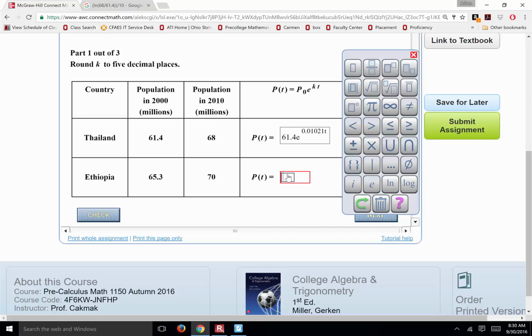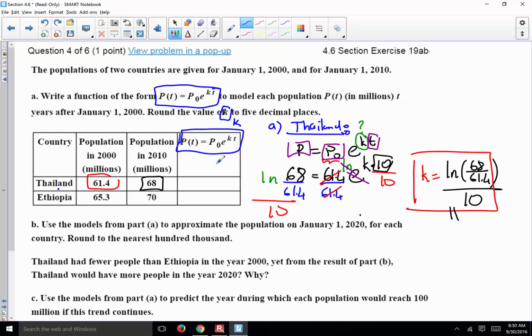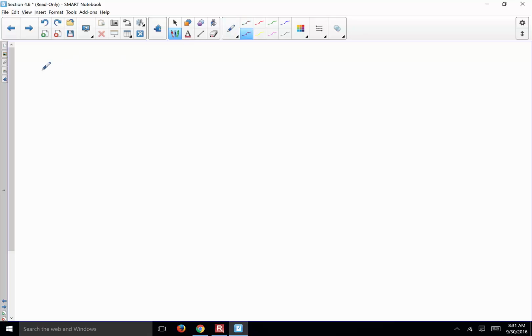Okay, but I already know the initial value, 65.3 e to the something kt. All we need to do is find out k by the same formula. Now I'm going to do the same thing for Ethiopia. I'm going to do it here. What is the final quantity? 70.